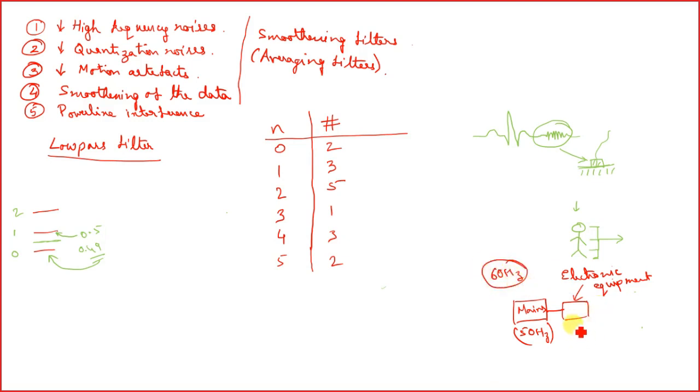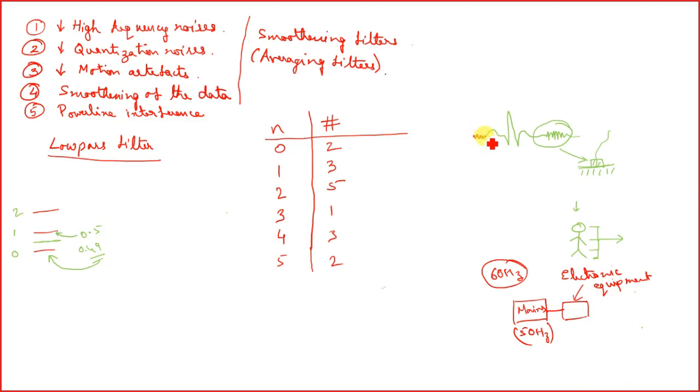If proper care is not taken, then these 50 hertz power line components will be included within the signals which are being acquired through the electronic equipment, and it would be overriding the signal.